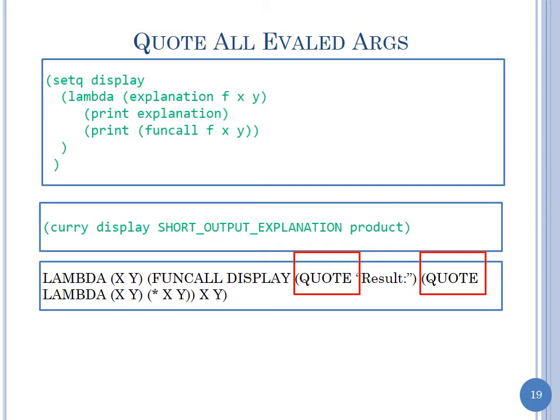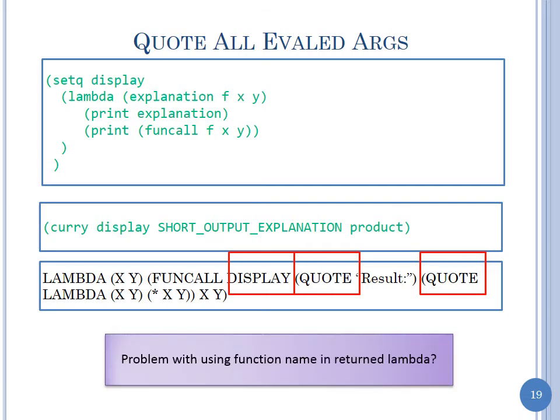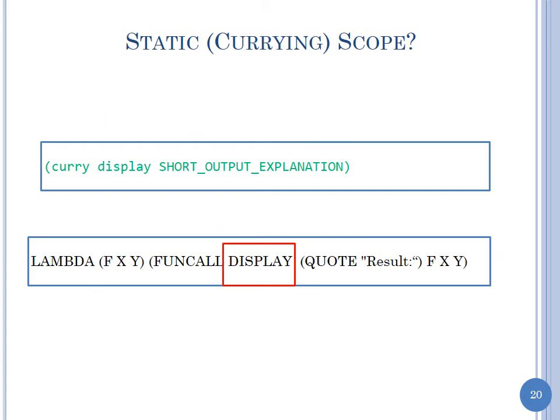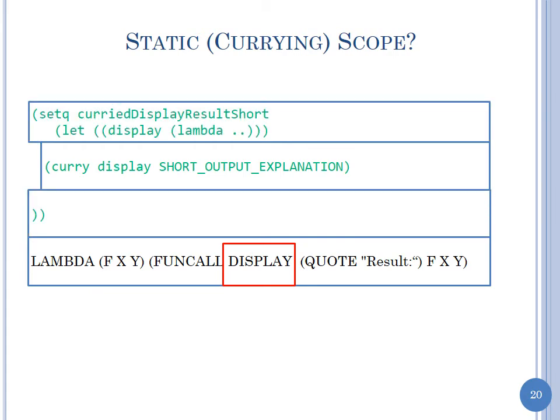That's the name. What if the currying is being done in a let that redefined display? Just like the other name, that display will be looked up in the global environment when it is used, not in the defining environment.